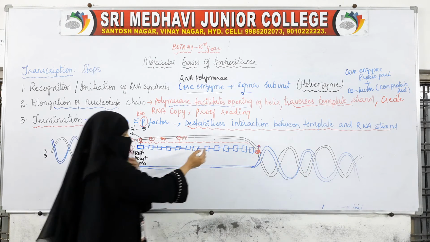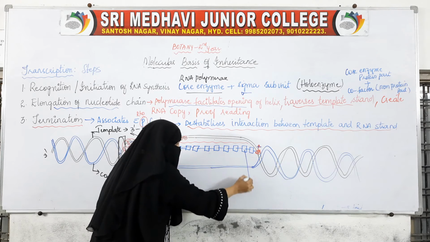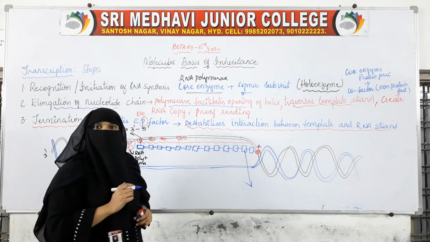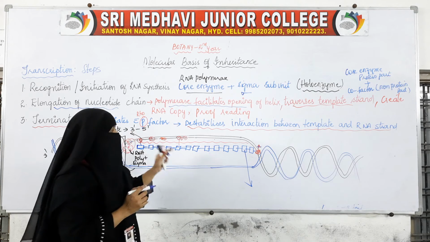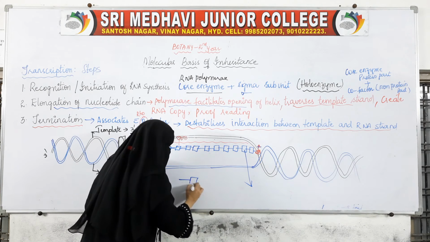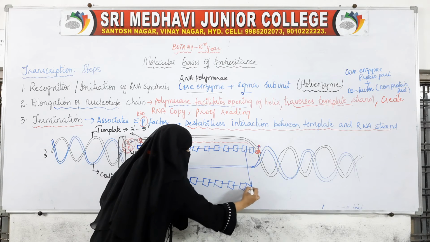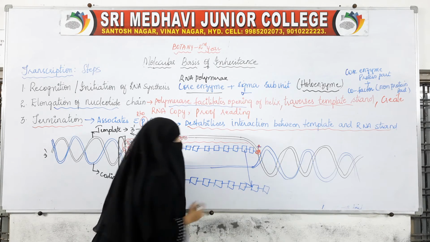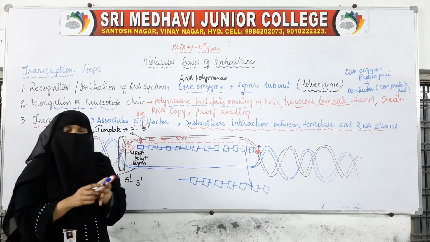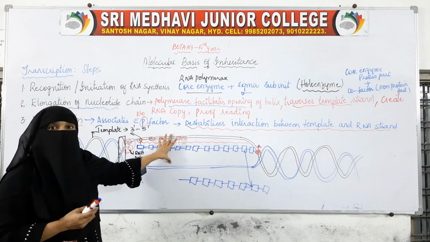Now RNA comes out. So this is how this RNA strand has been formed. Where is this whole process taking place?